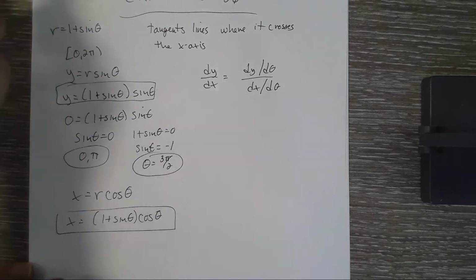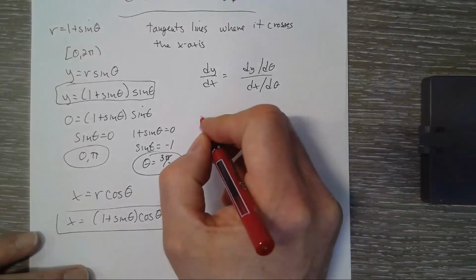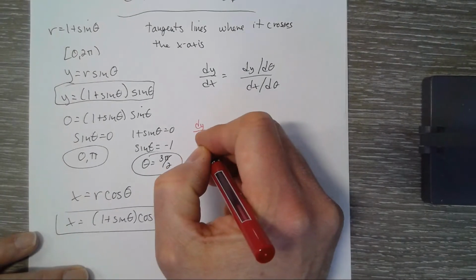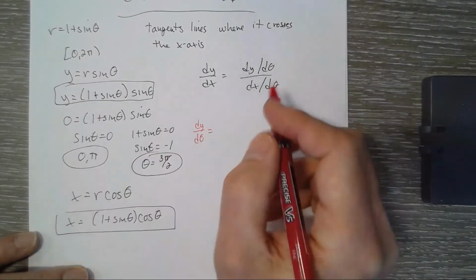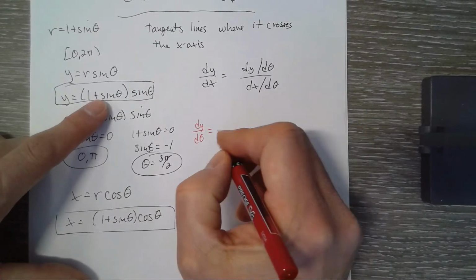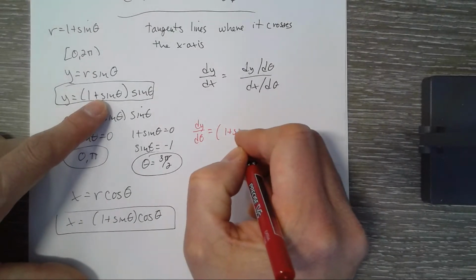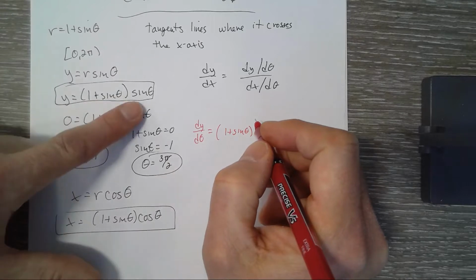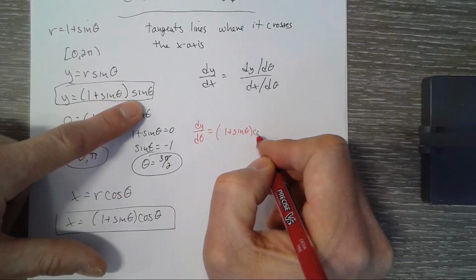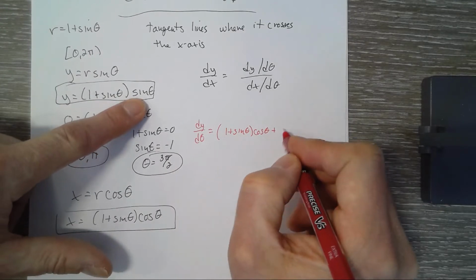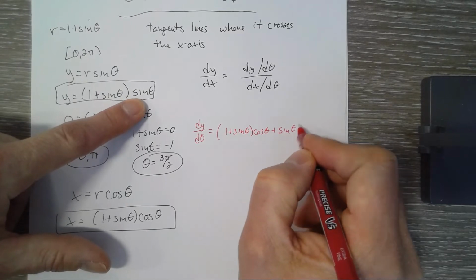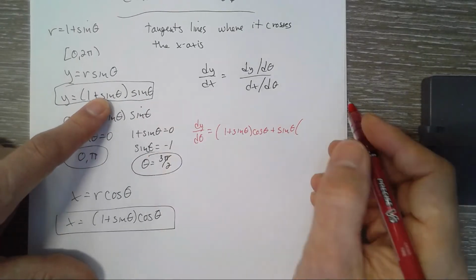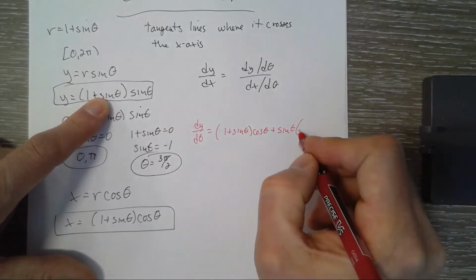So dy/d theta, derivative of this, I'll do a product rule, so 1 plus sine theta times the derivative of sine theta, which is cosine theta, plus sine theta times the derivative of 1 plus sine theta, which is cosine theta.